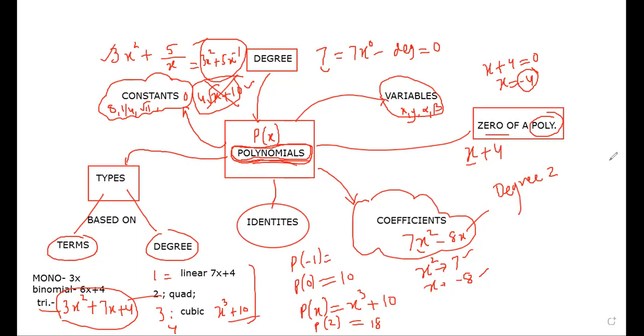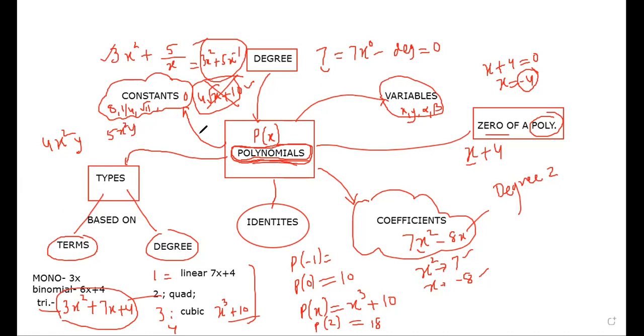One thing is missing here: like terms and unlike terms. That you already know. Suppose I'm writing here 4x square y and 5xy. Are they like terms? They are unlike terms. And what about 4x square y plus 5x square y?